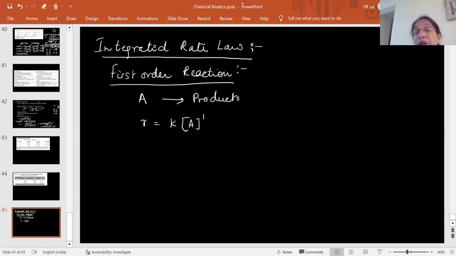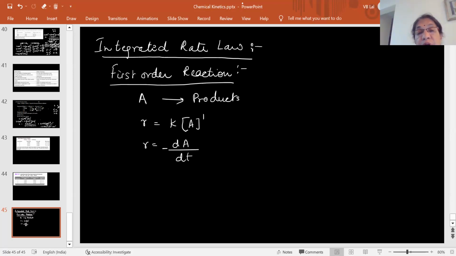Now, for this reaction, if I want to write instantaneous rate of reaction, how will I write? R is equal to minus dA by dt, because I'm writing the rate in terms of A. So instantaneous rate in terms of A will be minus dA by dt, the small change in concentration of A divided by change in time.